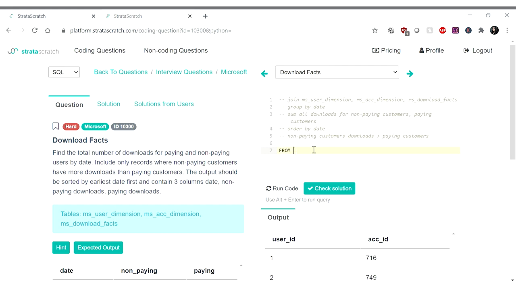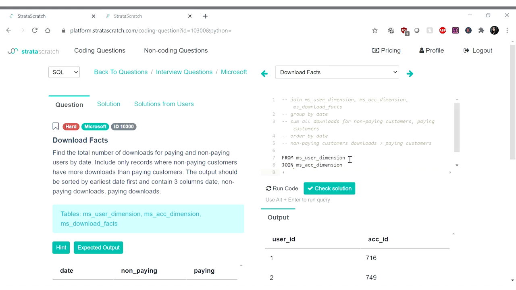From MS user dimension, join MS account dimension, join MS download facts.